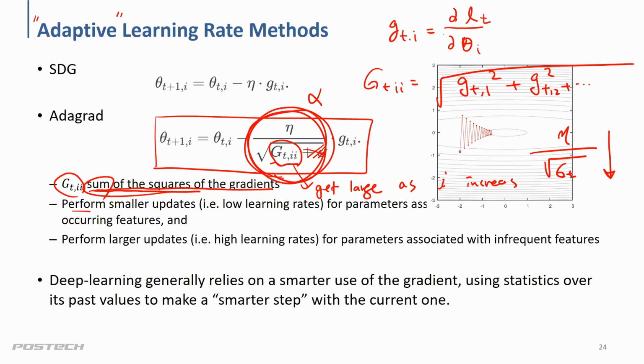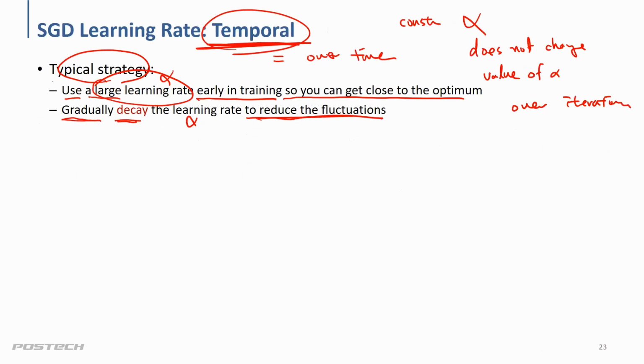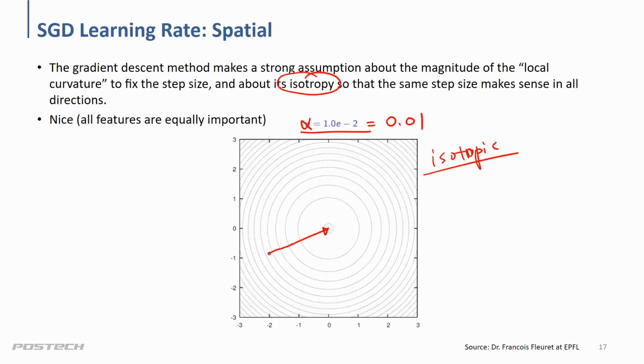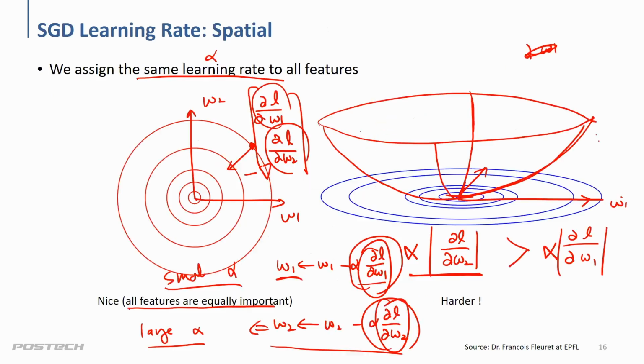And this is another thing, how we set up the adaptive learning rates in the temporal way, and the spatial things here. For a small value of gradient, I want to increase alphas.